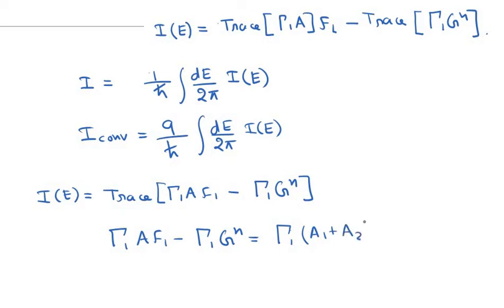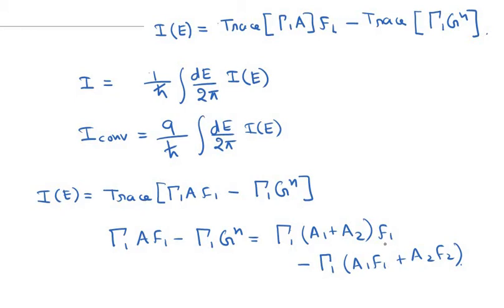where A1 is the density of states inside the channel that is contributed by contact 1, and A2 is the density of states inside the channel that is contributed by contact 2. Okay, so F1 minus gamma 1, and Gn is basically A1 F1 plus A2 F2. So A1 F1, let me write it in a separate line, minus gamma 1 A1 F1 plus A2 F2.